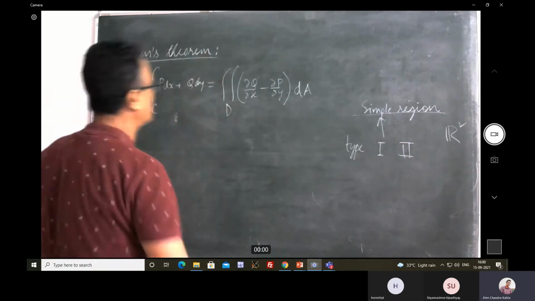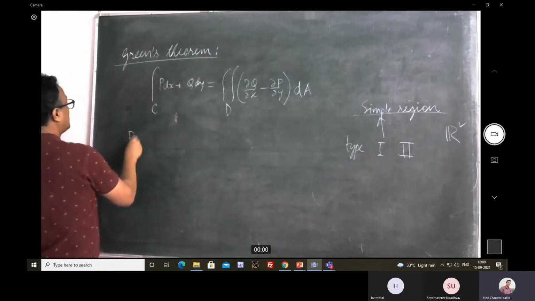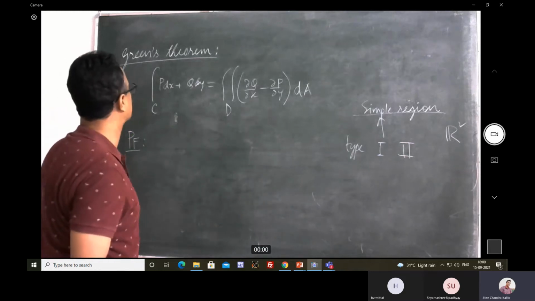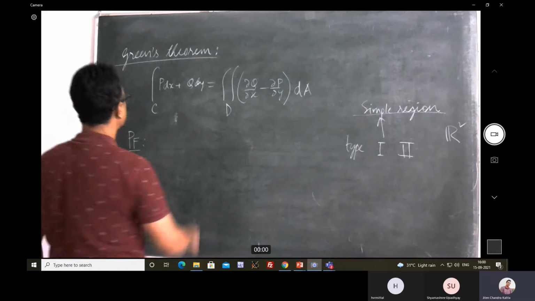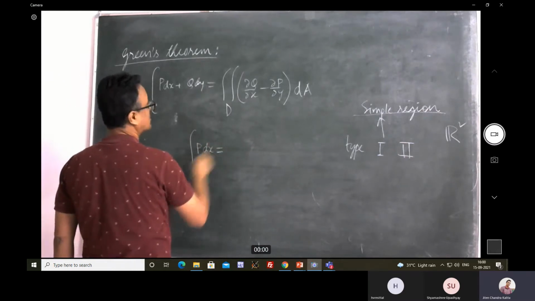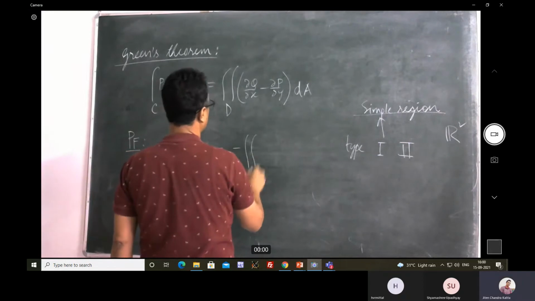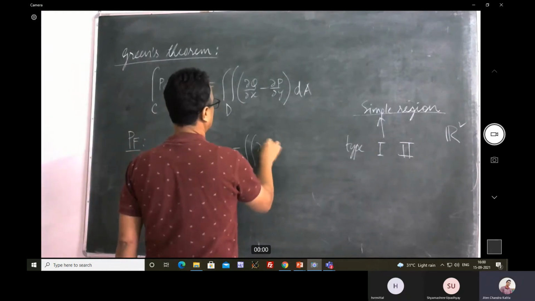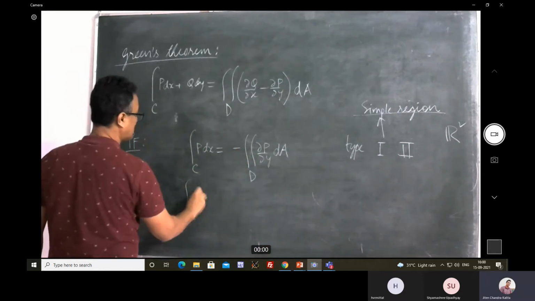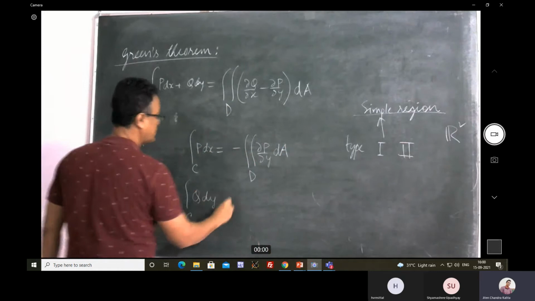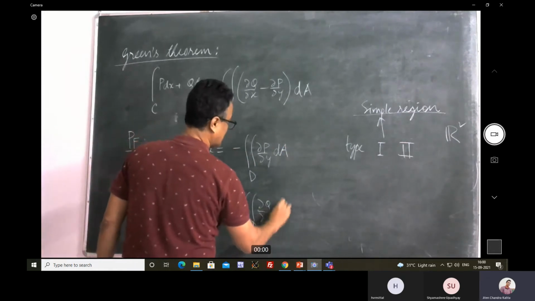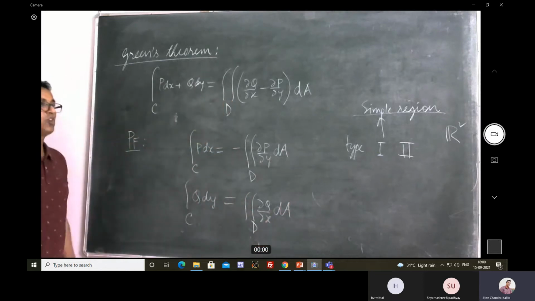I'm going to prove this for a simple region. Now, if I can somehow prove this, and if I can prove the other one to be the double integral over D, my job will be done, right?